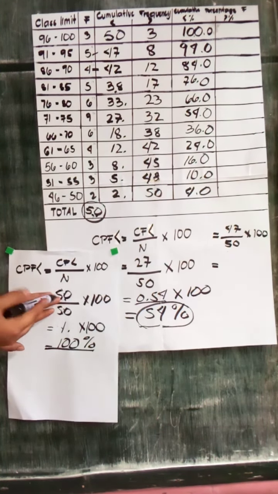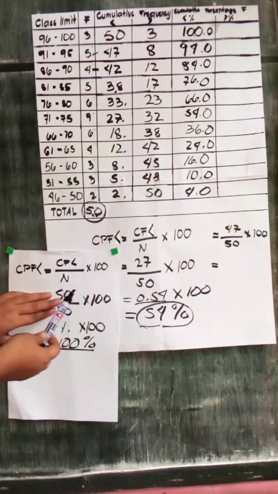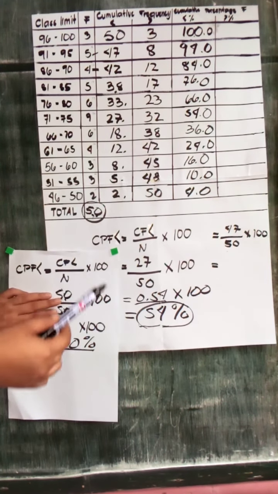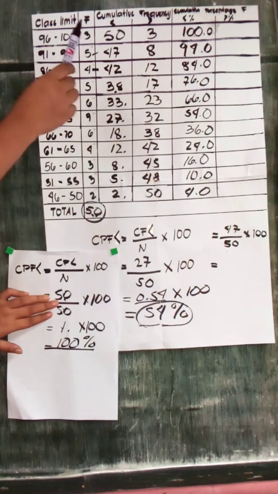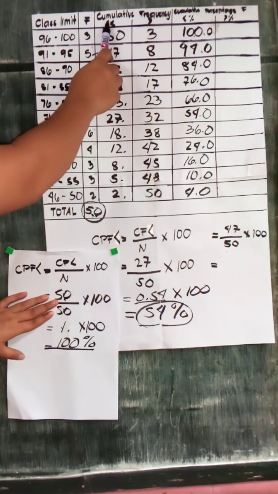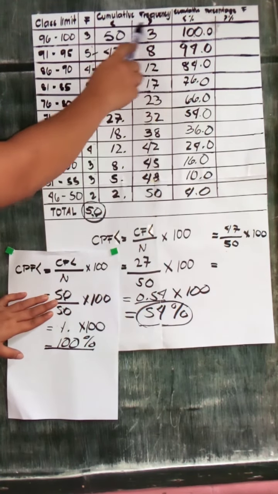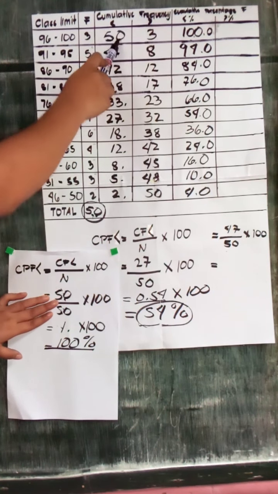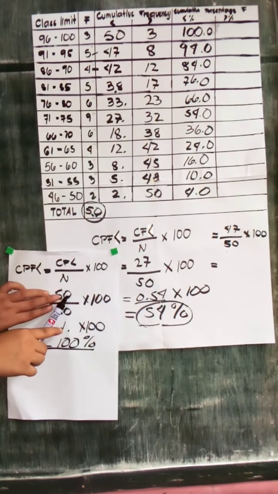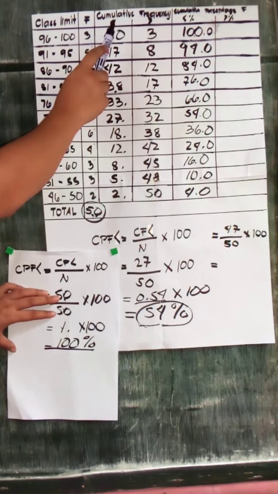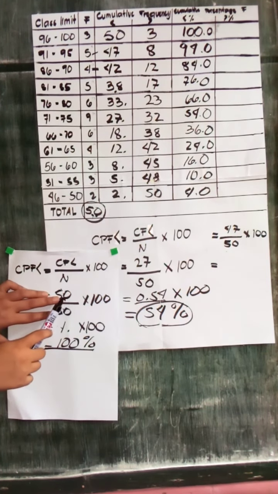So, where did I get the 50? The 50 is in the cumulative frequency lesser than column, so I will write the 50 here.